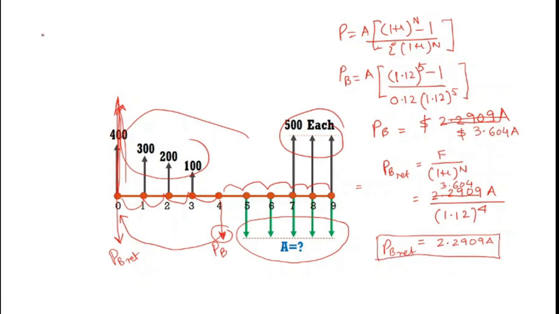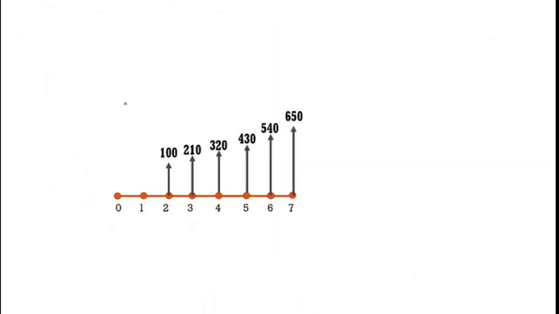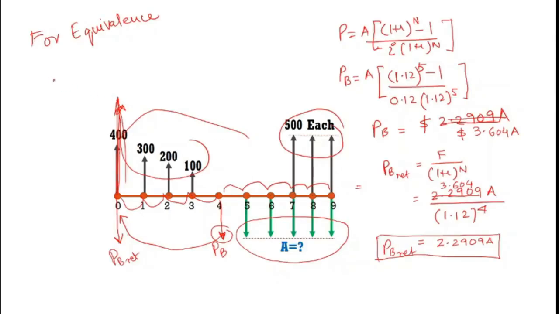Now for equivalence, P net upwards should be equal to PB net, that is, the upward cash flow must be the same as the downward cash flow.